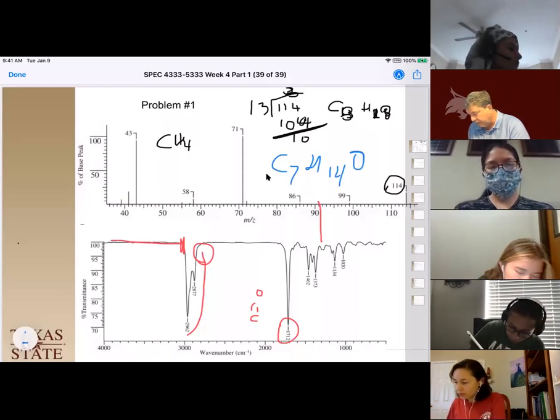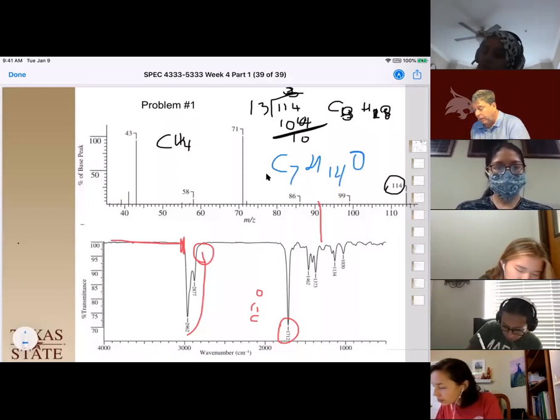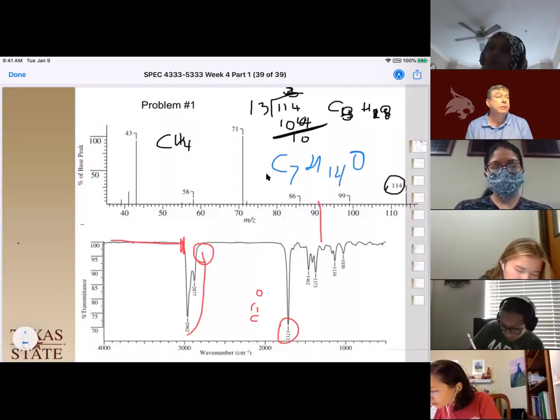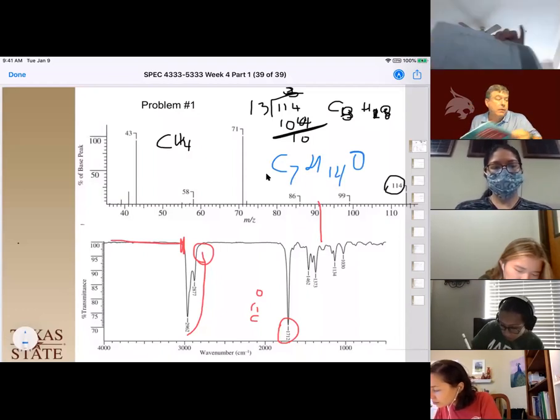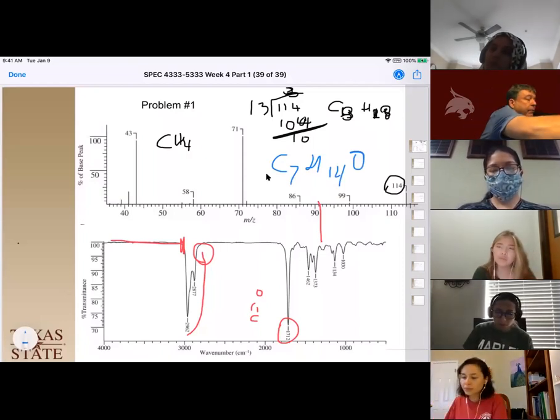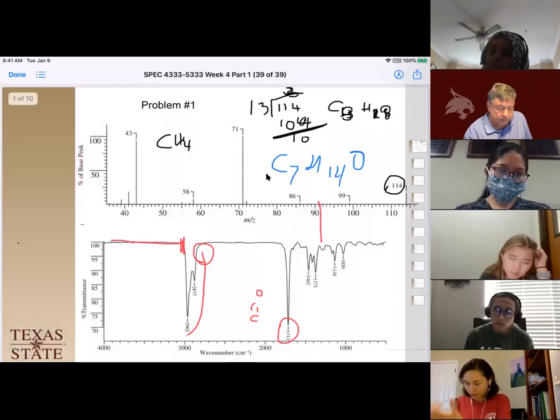So I'm getting a C5H11 or a C3H7 carbonyl. So just by looking at our book here, we see a fragment that might contain a ketone.